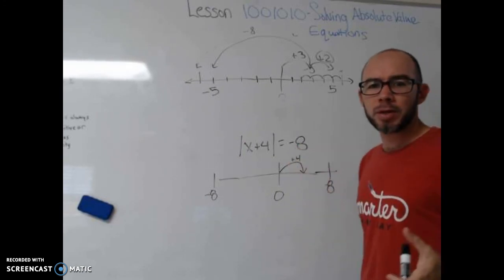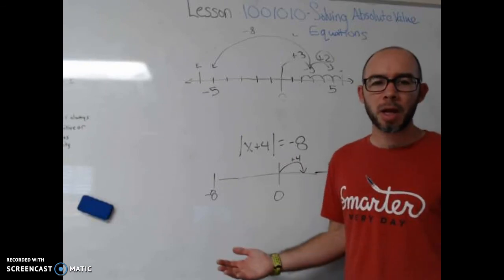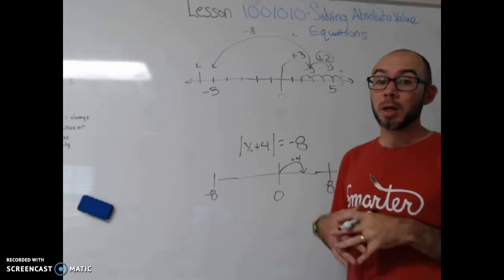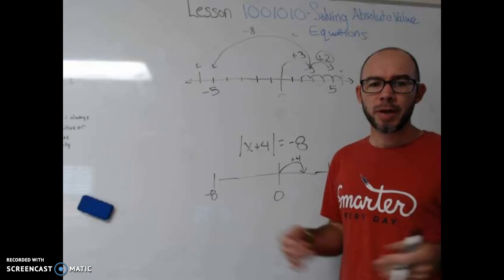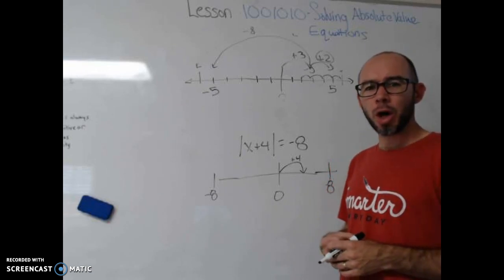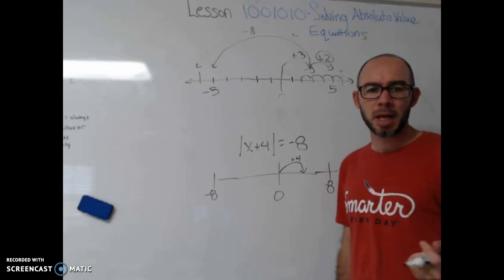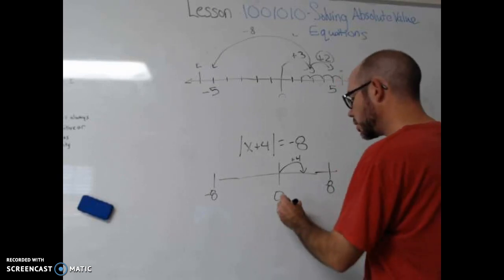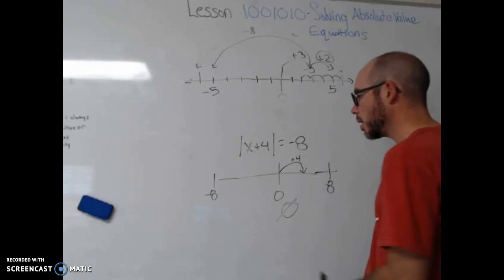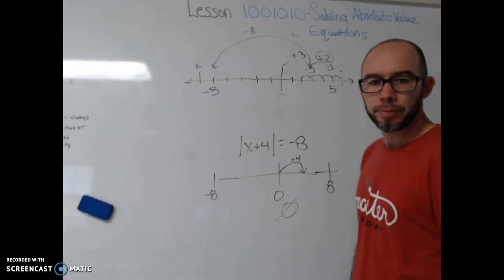Okay, absolute value tells us just how far away we are from the origin without any signs. So if I say, what's the absolute value of negative 8, you'd be like, duh, I can do it on my calculator. My calculator tells me it's 8. You don't get an answer there.